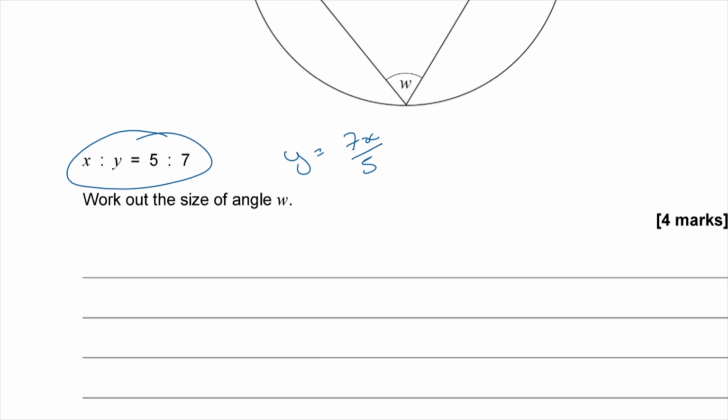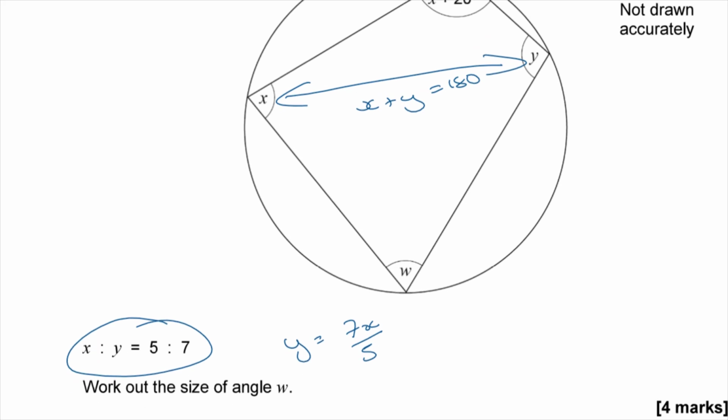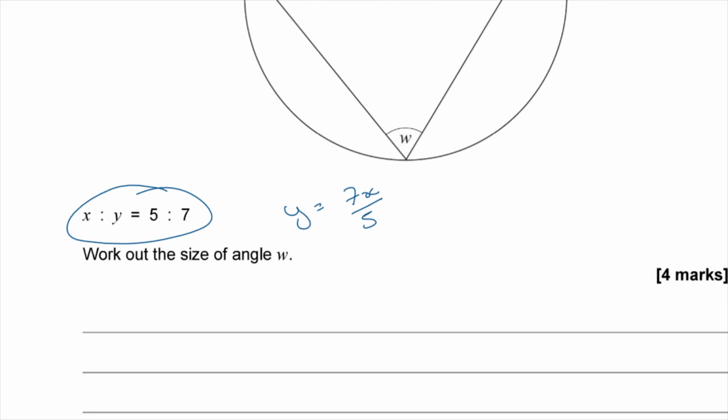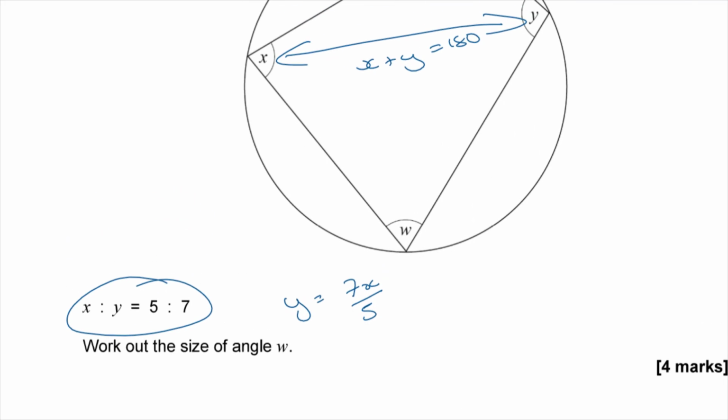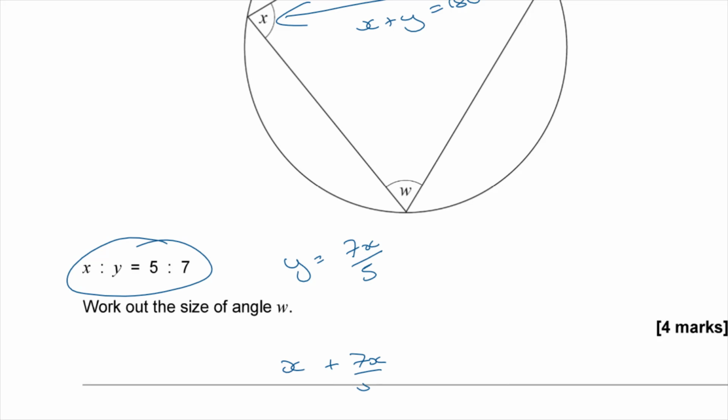So y equals 7x over 5, and x plus y is equal to 180. So I can solve these two simultaneously. Again, I can solve them by substitution. So subbing in that value of y into x plus y, x plus 7x over 5 is equal to 180.